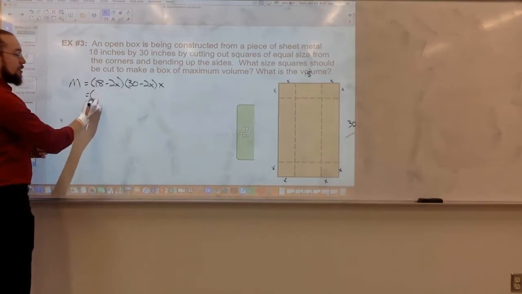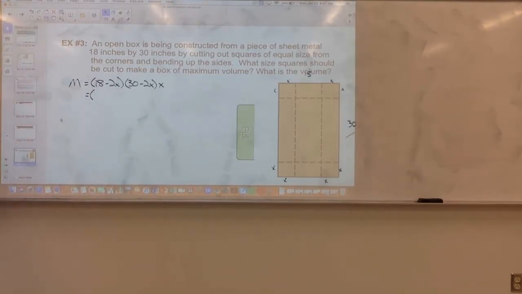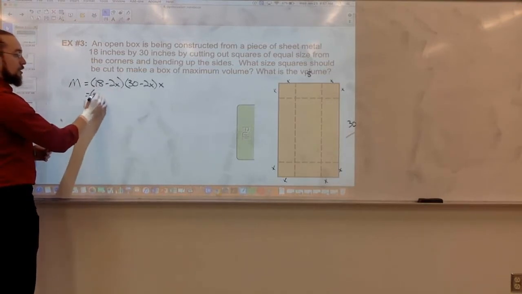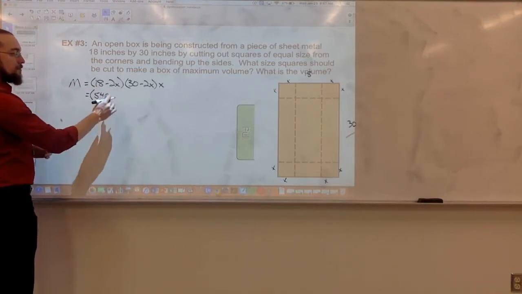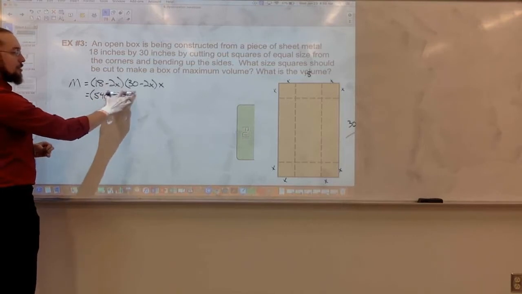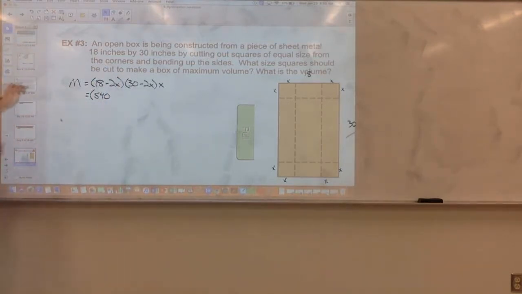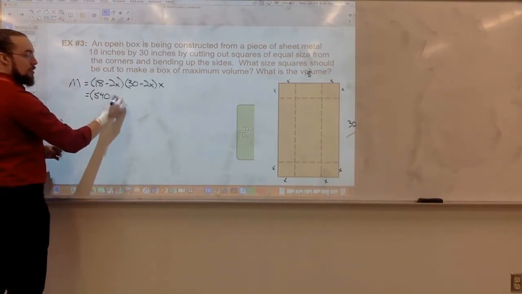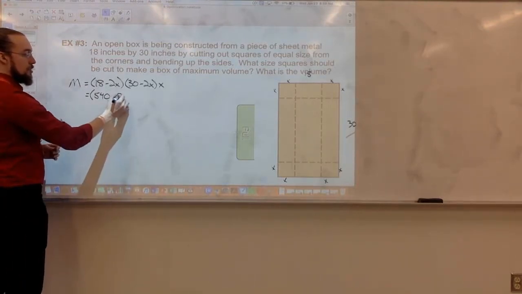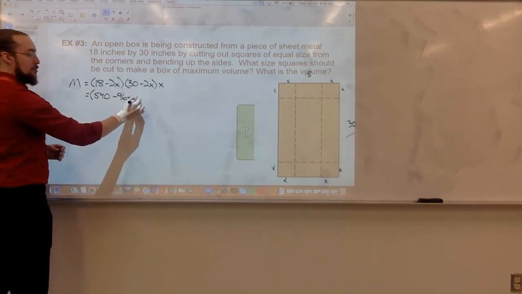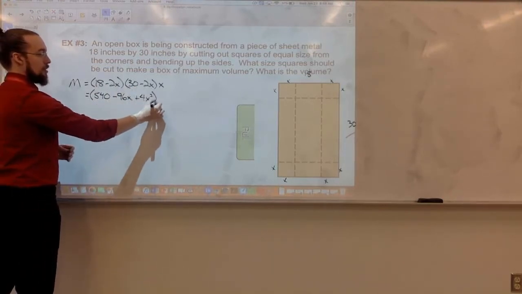If I multiply these two binomials together, what do we get? 540 minus 60x minus 36x. So minus 96x plus 4x squared.